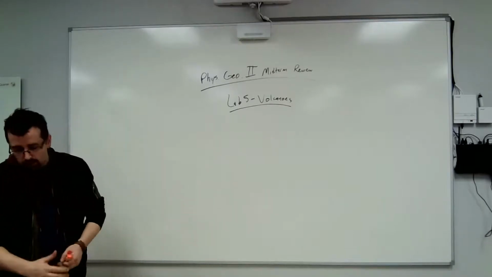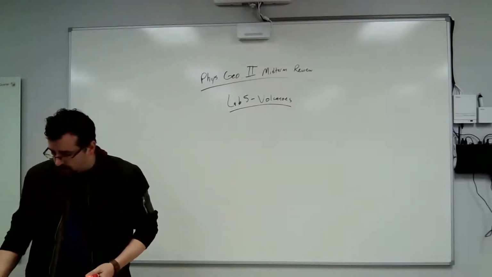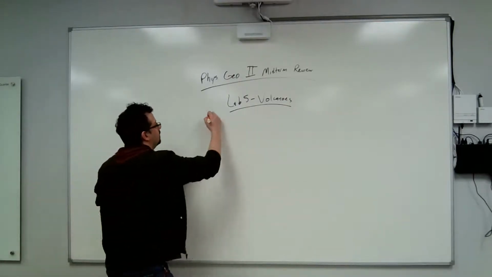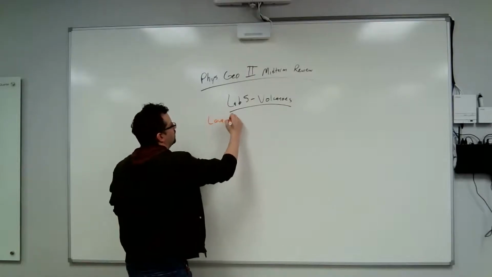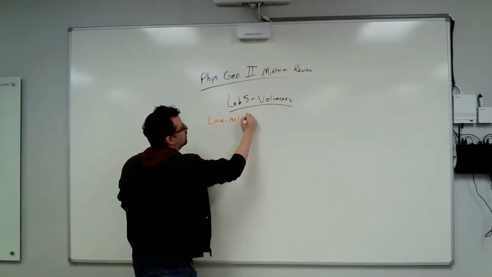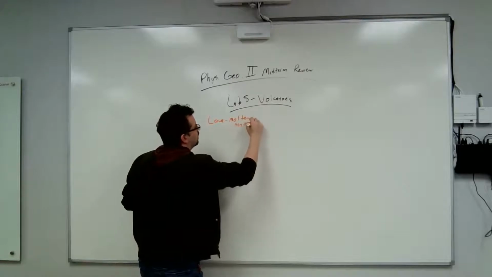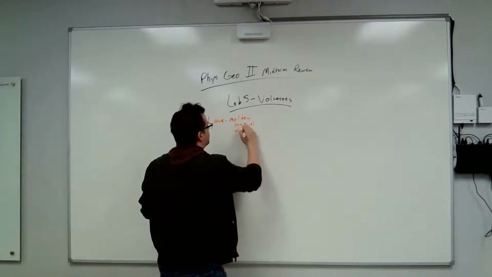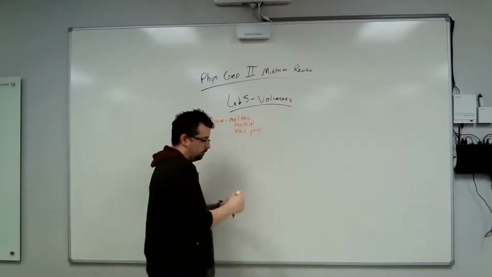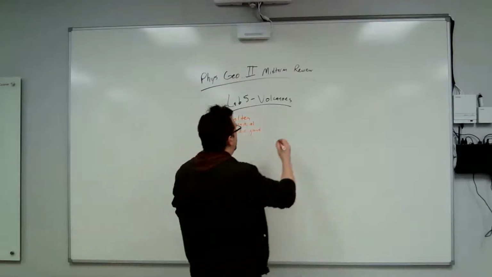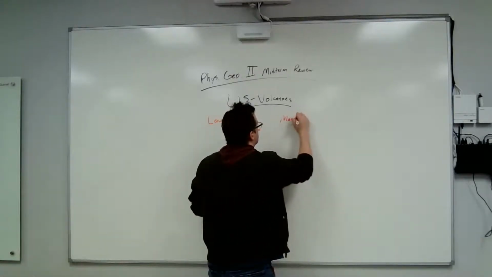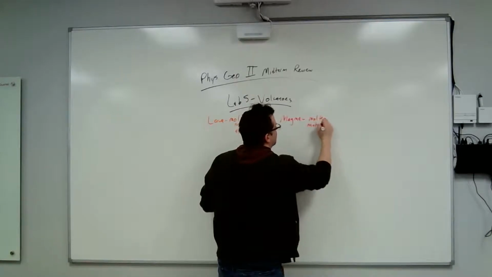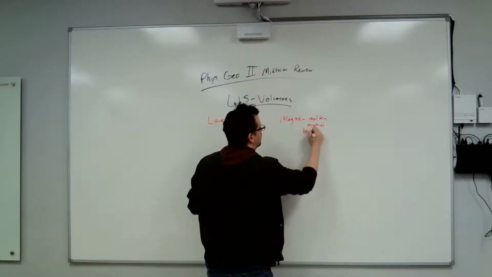When we talk about volcanoes, there are a few baselines we have to set. Lava is a molten material that exists above ground. Magma is molten material below ground.